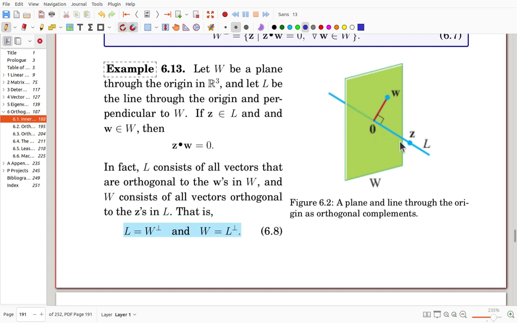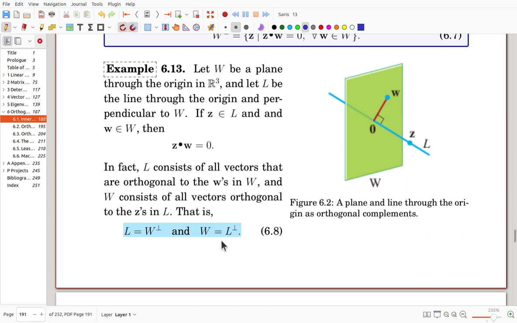So L is just the collection of vectors orthogonal to W, and W, the space, is the collection of vectors orthogonal to the line. So we may say that here L is W perp and W is L perp.